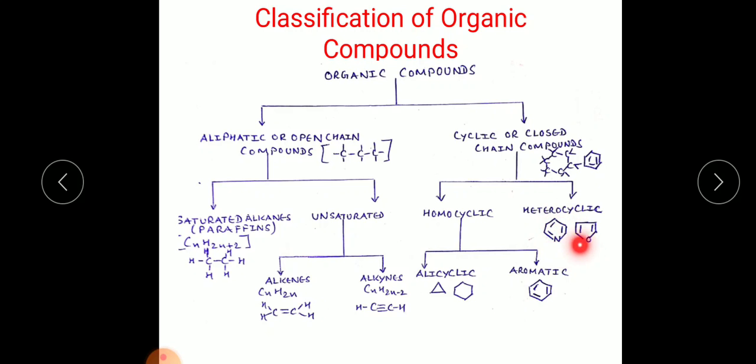This compound is called pyridine, and this is called furan. Homocyclic compounds are further classified into two types: alicyclic and aromatic. Alicyclic is a closed figure like this, and aromatic has alternate double bonds. This we commonly call benzene. So this is the classification of organic compounds.